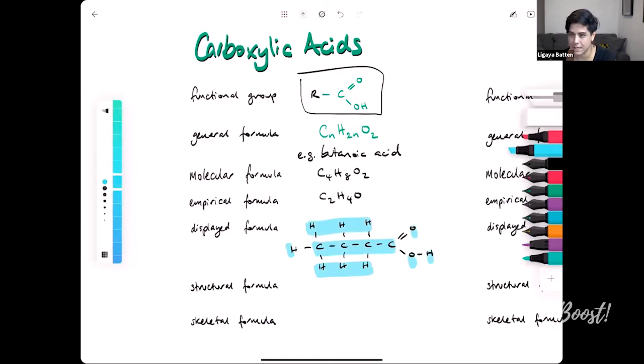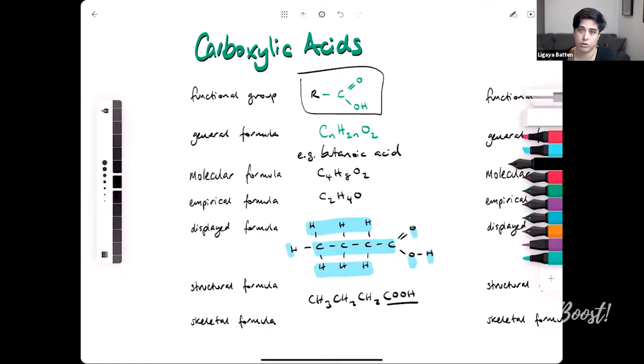Just double check things like that sometimes as you're drawing, especially if you're still getting used to the idea of these things. The structural formula then would be CH3, CH2, CH2, COOH, and that's how we draw the functional group for a carboxylic acid in the structural formula format.